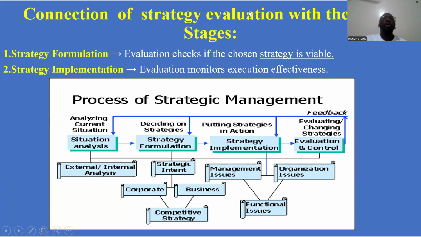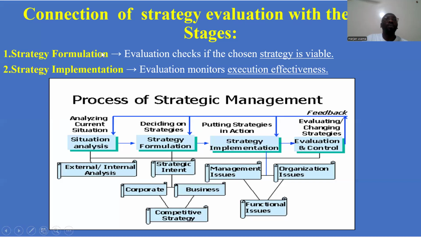Now, what is the connection of strategy evaluation with the other stages? How is strategy evaluation related to strategy formulation and strategy implementation? Are they related? Yes, they are related. They always work together as a team.